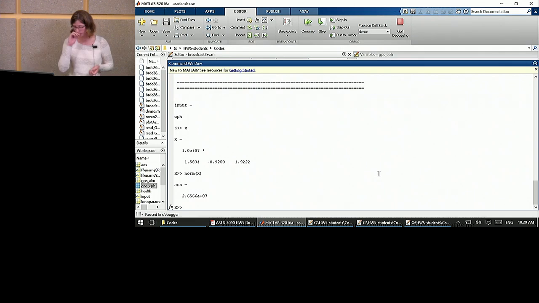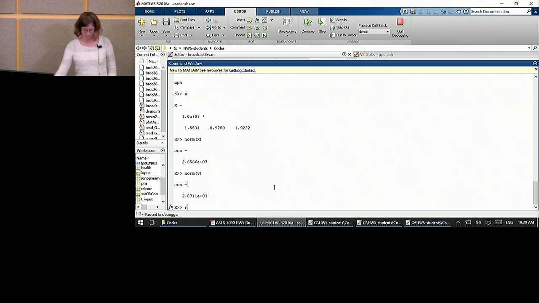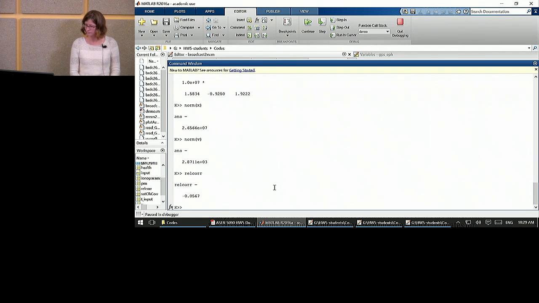It also has a velocity, which we can take the norm of if we want. And then we have the relativity correction, RelCor, and then the SatClk correction, right? So those are the parameters that you get.